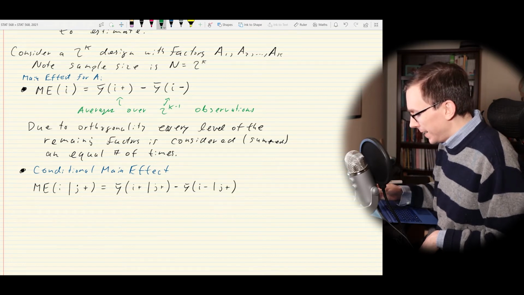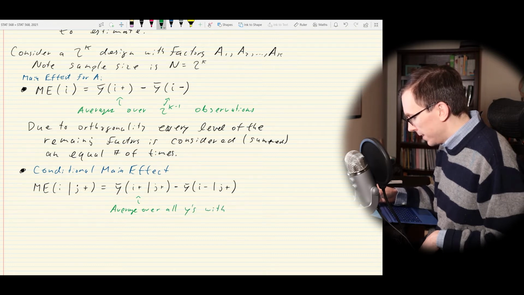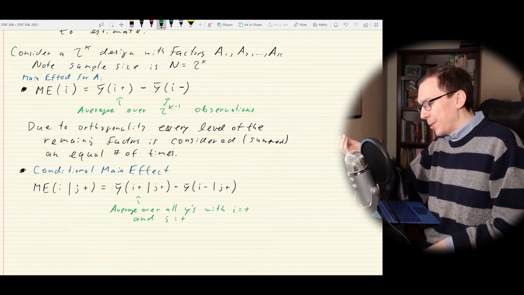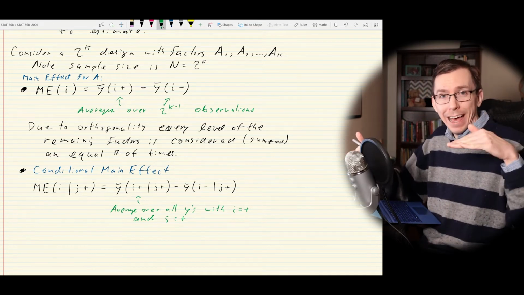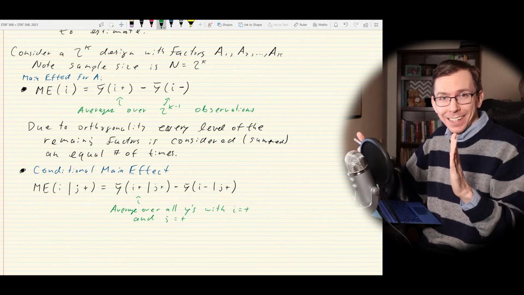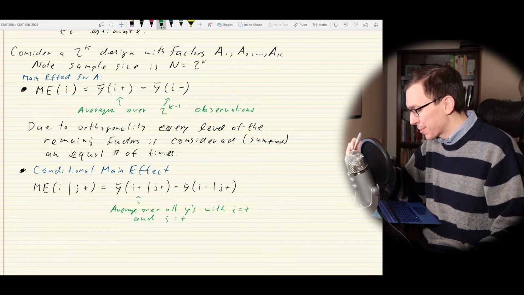And what we're doing here is averaging over all y's with I at the plus level and j at the plus level. So now we're actually averaging over a quarter of our data set, because we've cut it in half and then we cut it in half again. So now we have a 2 to the k minus 2 in the exponent, to be precise.